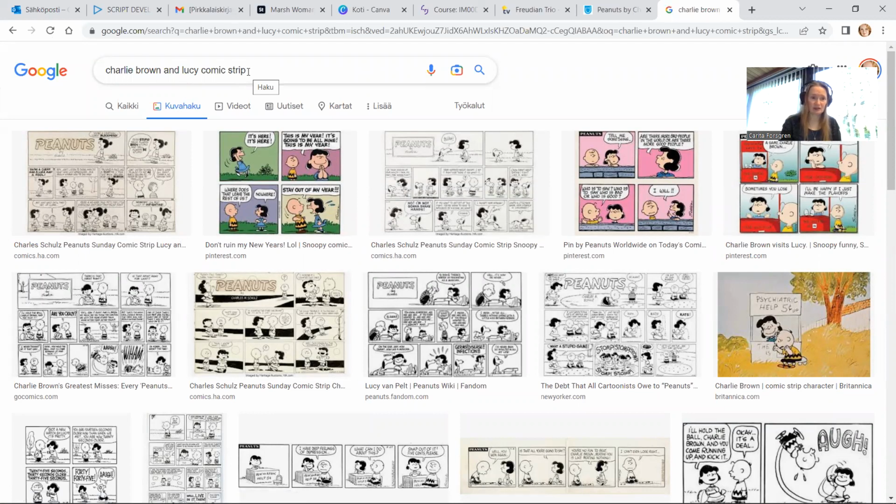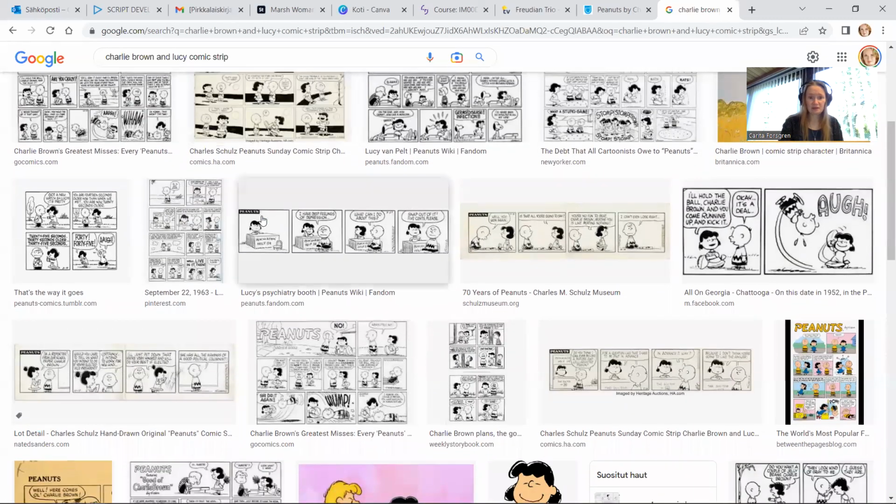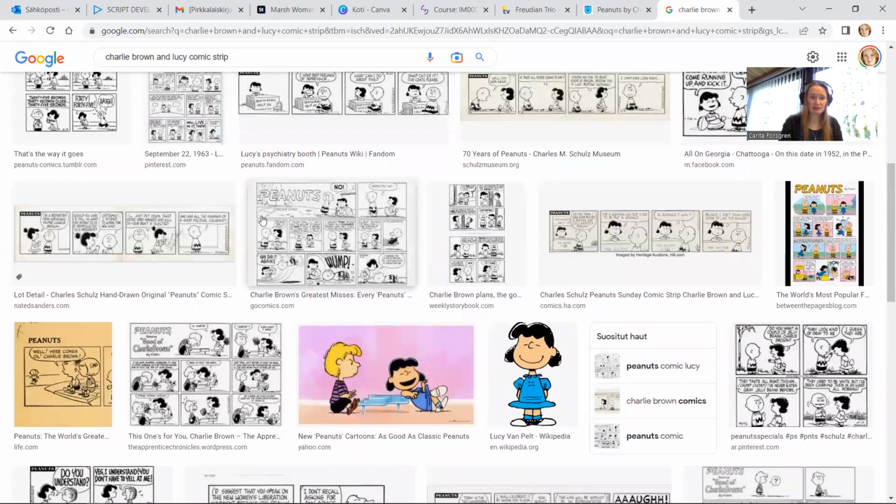And there's all the animated series afterwards. So the early series of Peanuts in the 1950s, the relationships are not so ambiguous and not quite as dynamic as in the 1970s and 80s.